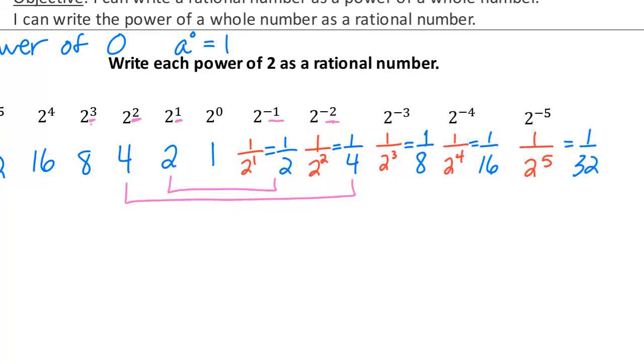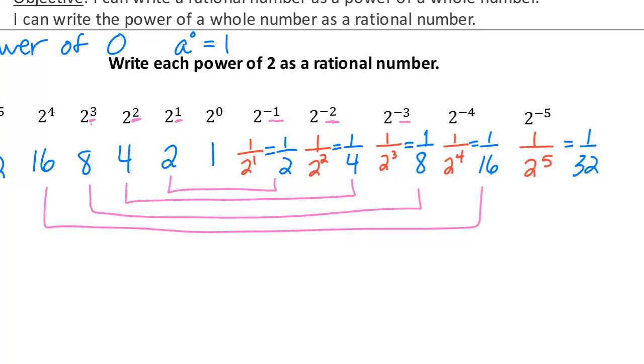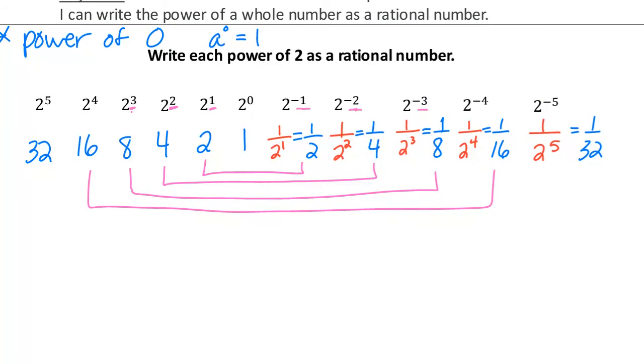Likewise with the cubed and the negative 3, that's an 8 and a 1/8. To the fourth, it's both 16ths. And then to the fifth power, they both have a 32. So they kind of go together. Basically, is what I'm trying to tell you guys. It's just that the negative exponent tells you it's going to be 1 over the exponent.